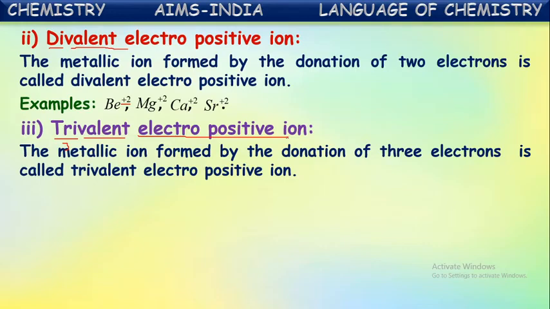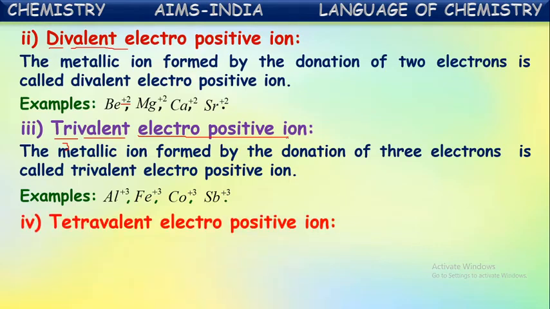For example, Al+3, Fe+3, Co+3 (cobalt), if you observe, they attain +3 positive charge. This is obtained by the loss of 3 electrons from each of them. So these ions having positive charge 3 are called trivalent electropositive ions.